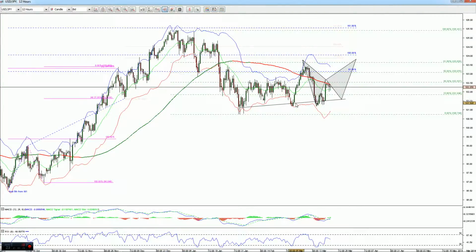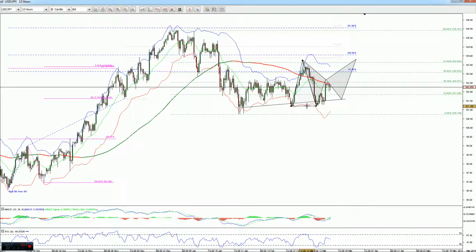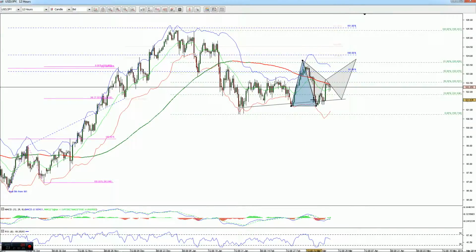This will be a first triangle. I will change the colors now. Okay, change the color, and now I will clone it, and I will move it to that side, and I will have another one.